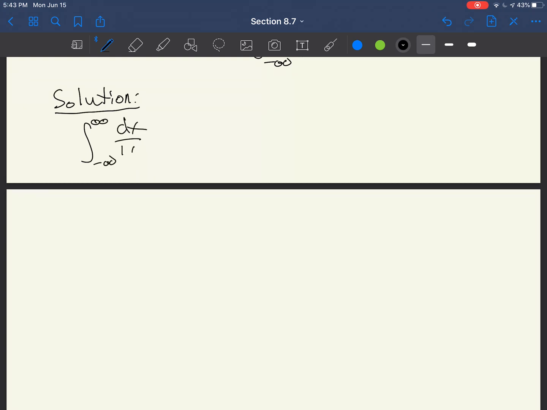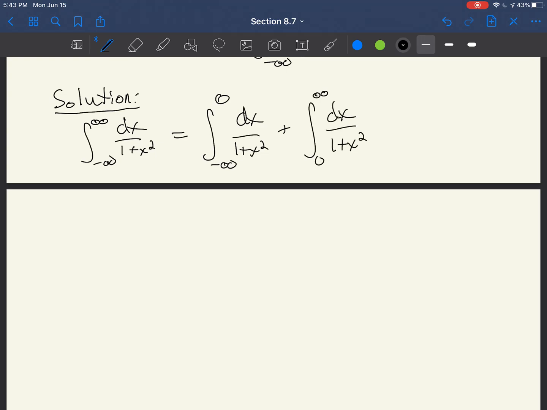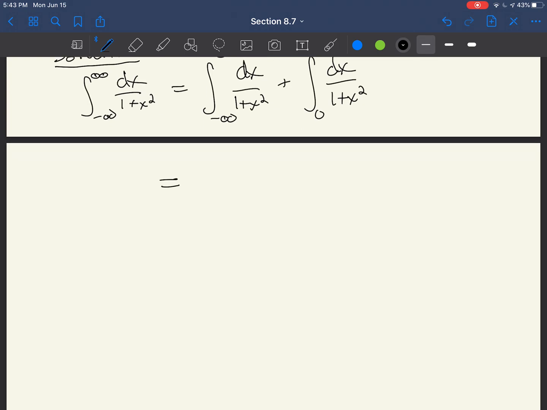Okay, solution. The way we do this is we break this up into two integrals. So this is the integral from negative infinity to 0 of dx over 1 plus x squared, plus the integral from 0 to infinity of dx over 1 plus x squared.